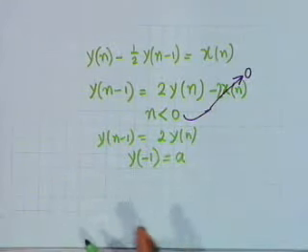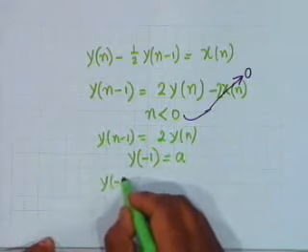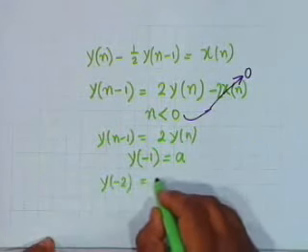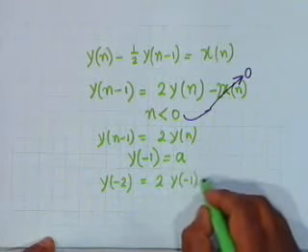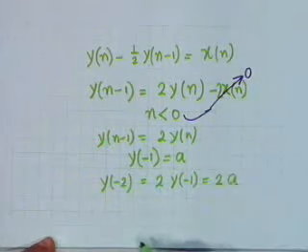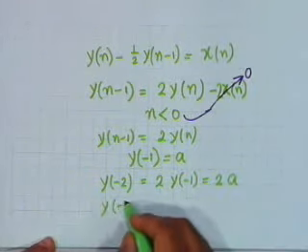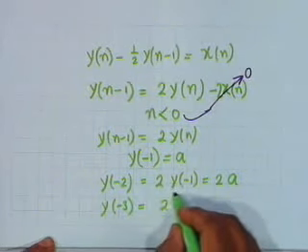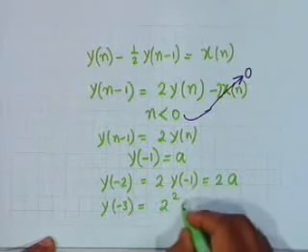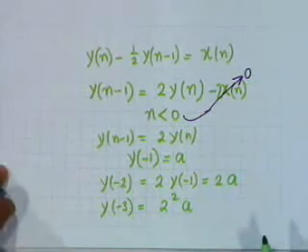That means we know the value for n equal to 0, and therefore y of minus 2, which would be twice y of minus 1, is simply 2a. y of minus 3, similarly, would be 2 squared times a.